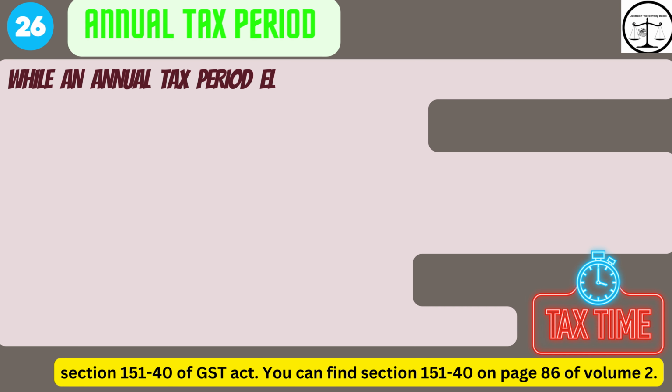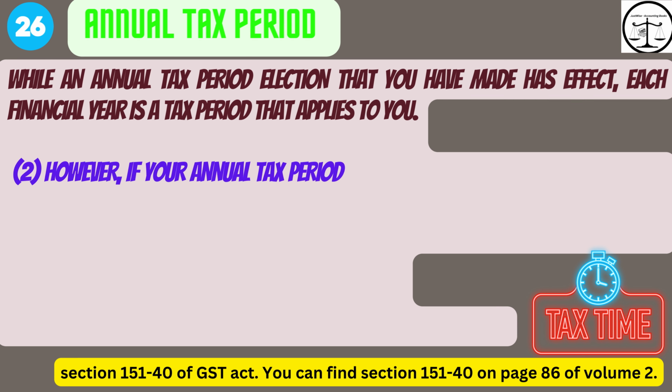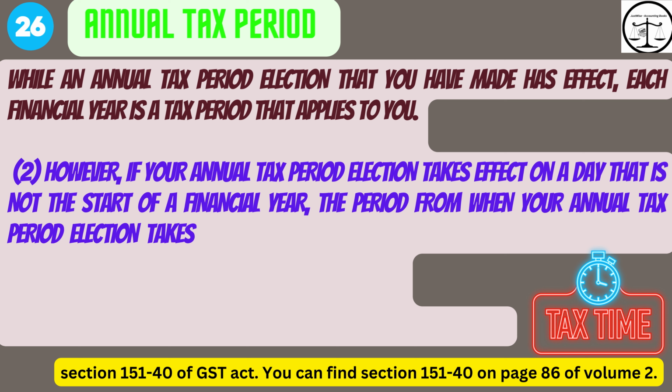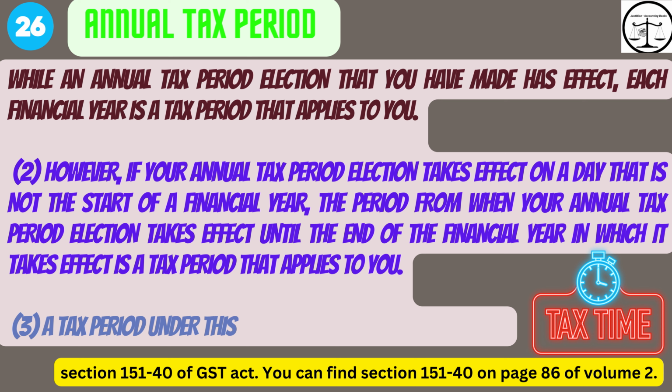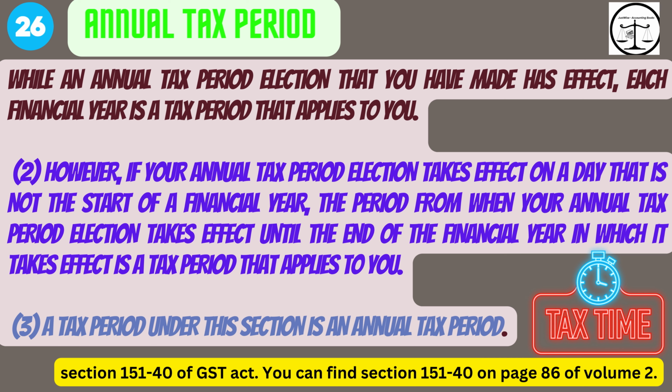Word number 26. Annual tax period has the meaning given by section 151-40 of GST Act. You can find section 151-40 on page 86 of volume 2. While an annual tax period election that you have made has effect, each financial year is a tax period that applies to you. 2.